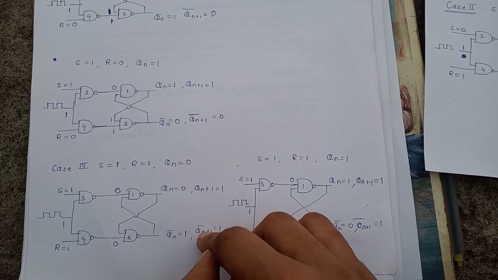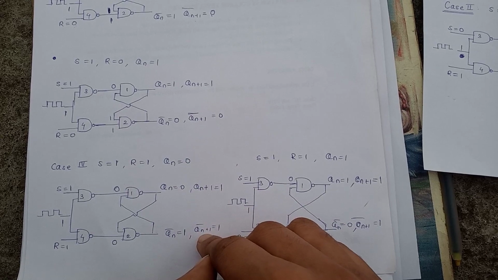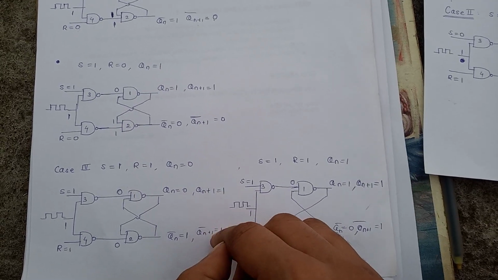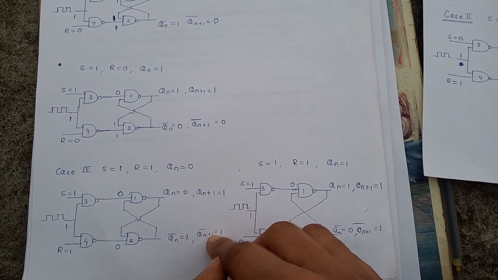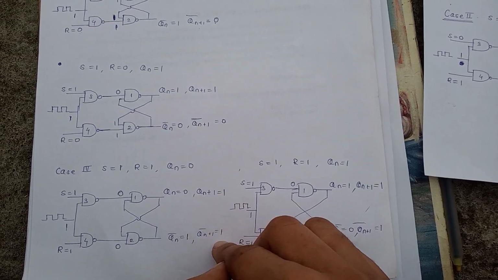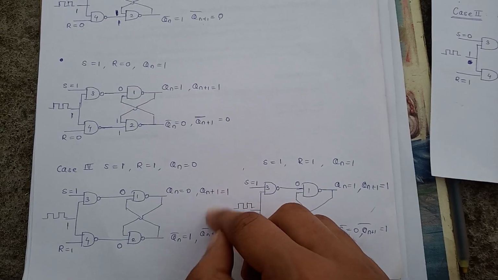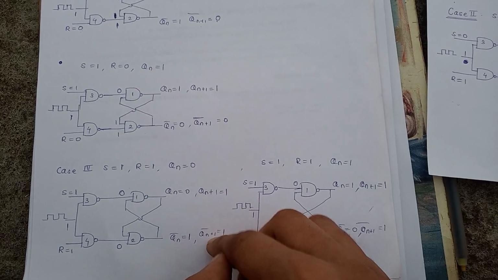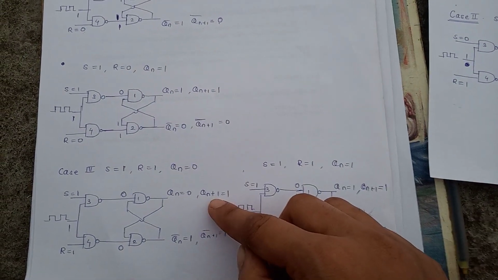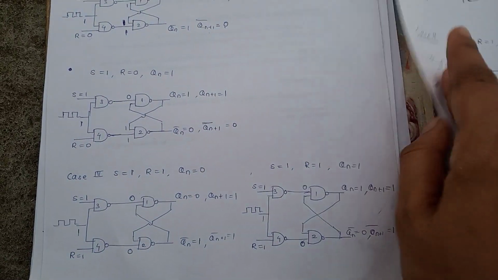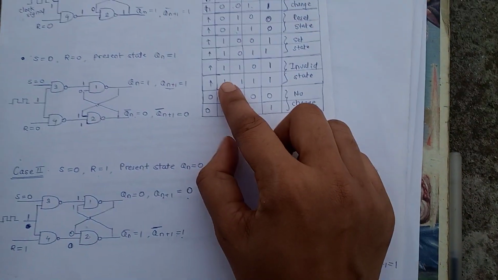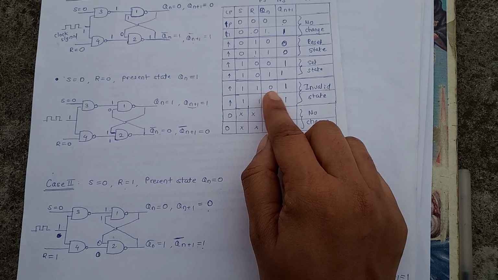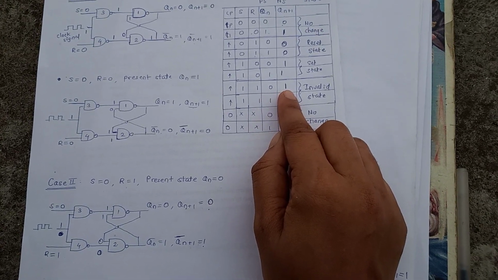Now both Qn+1 and Qn+1 bar are trying to become 1, which is not valid, because they should be complements: if 0 is there, 1 should be here, but here both are trying to become 1, which is not valid. Now update the truth table according to this. For S equal to 1, R equal to 1 and Qn 0, Qn+1 equal to 1.